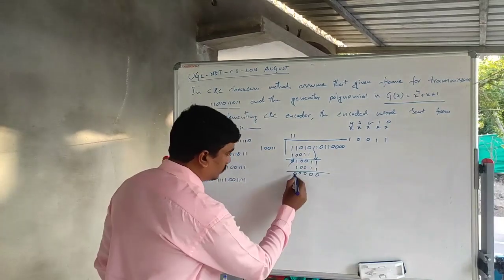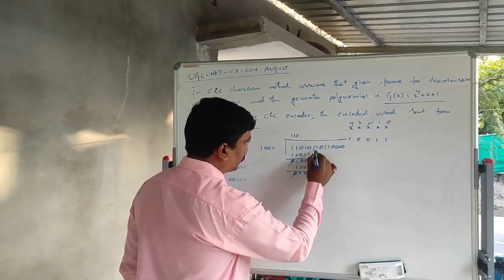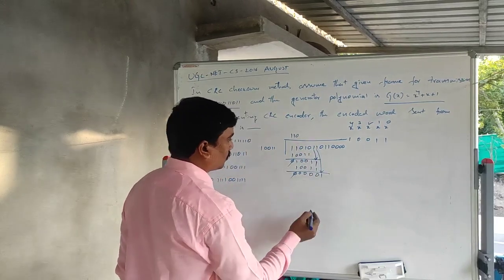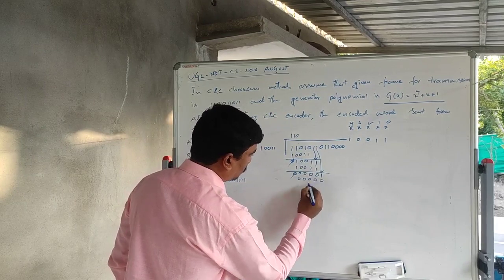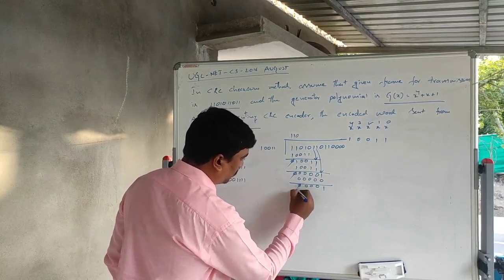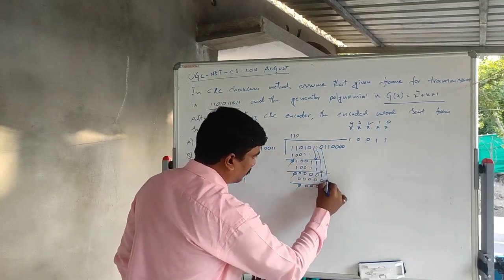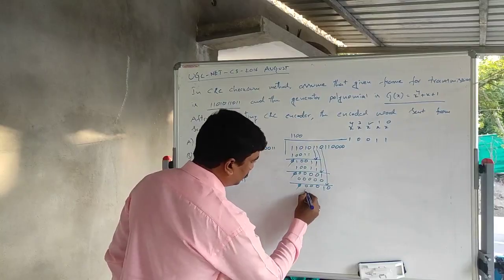All are zeros, then cancel it, then apply 0 time. Okay, 0 time. 1 0 0 0 0. Cancel the leftmost bit and put it down 1 bit, that bit should be 0, and 0 time.